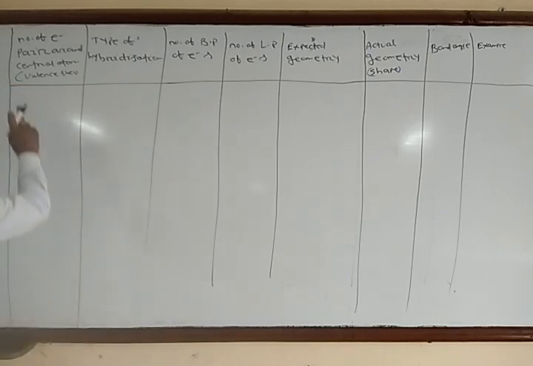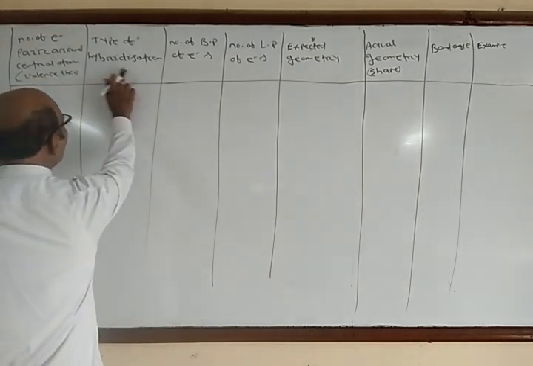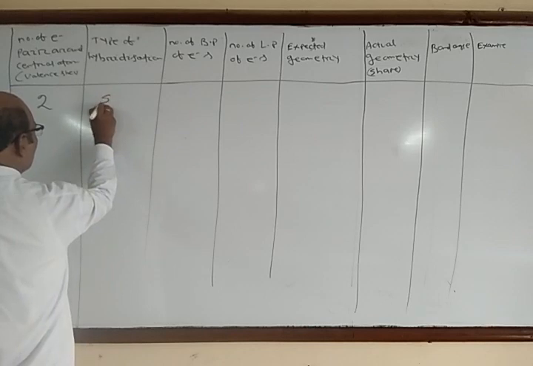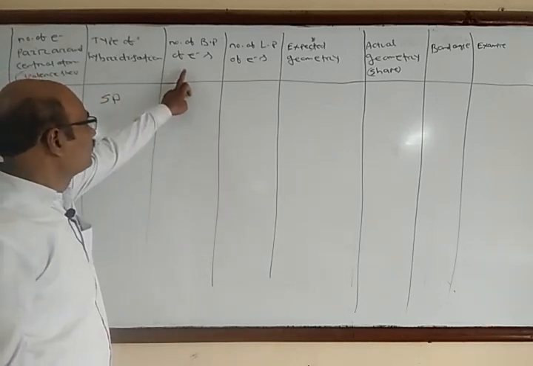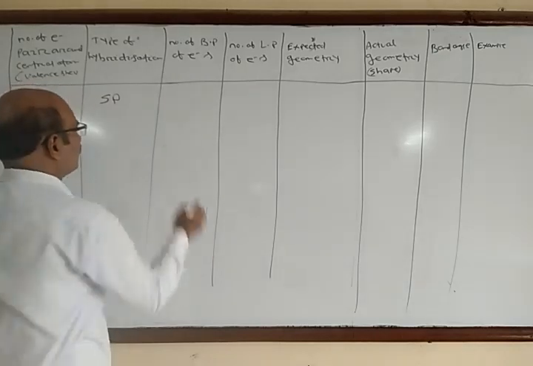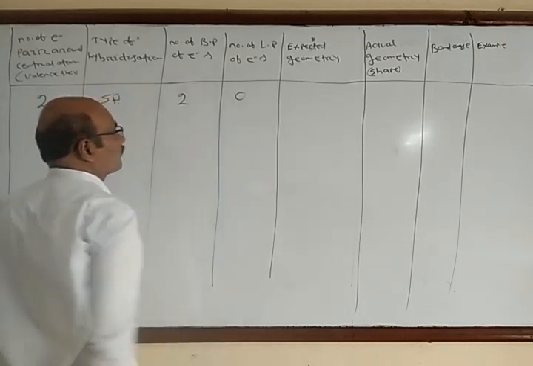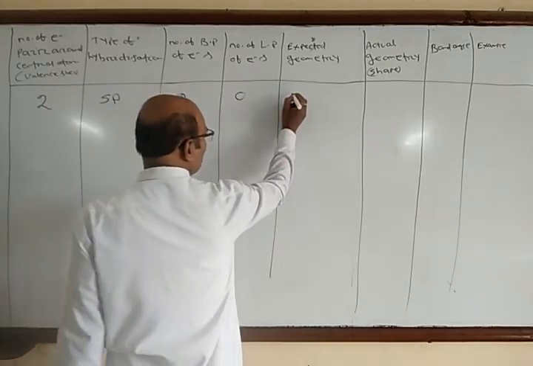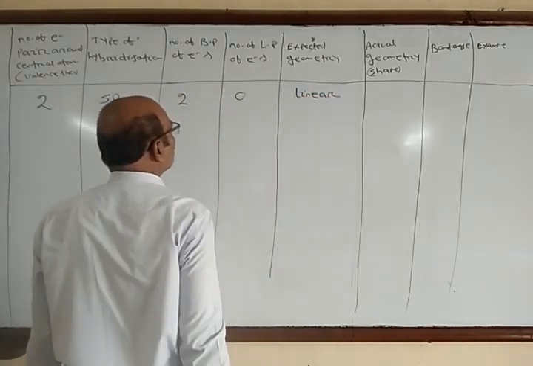So if the number of electron pairs around the central atom in the valence shell is 2, then the type of hybridization will be sp. The number of bond pairs of electrons will be 2 here, lone pairs 0, and the expected geometry is linear.